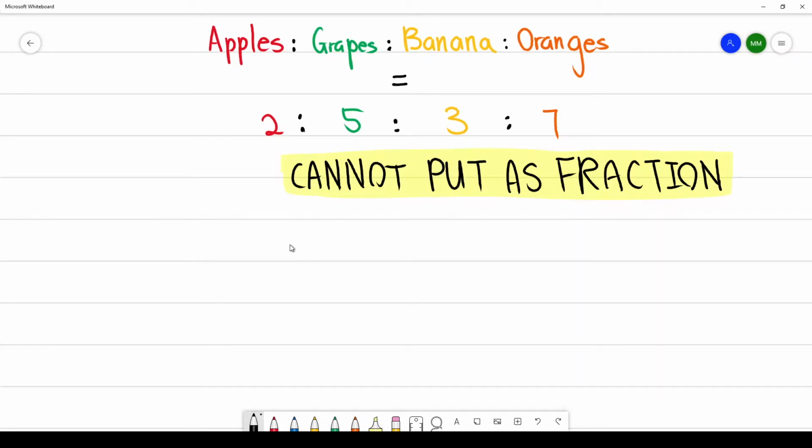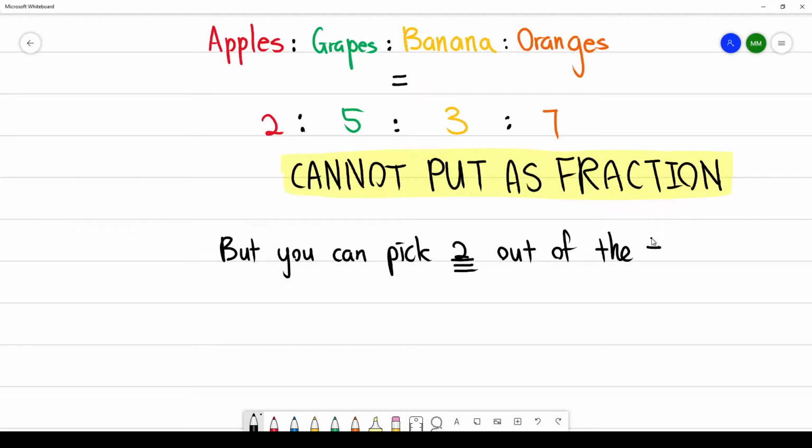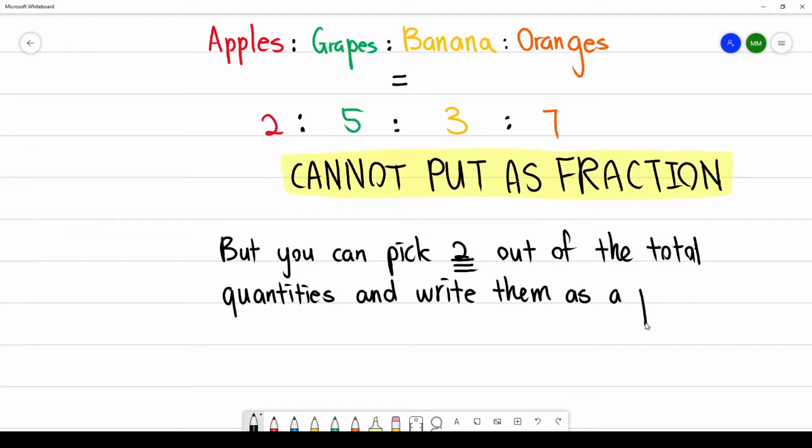But you can pick two out of the total quantities as a proportion.